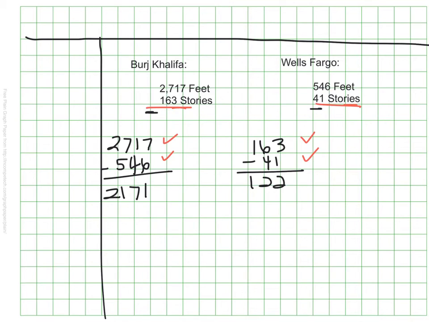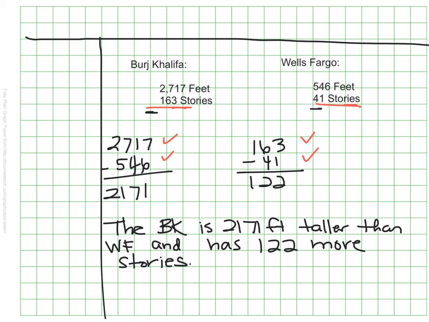And I was able to see that the Burj Khalifa is 2,171 feet taller than Portland's tallest building, and it has 122 more stories. By writing that comparison, I have used a difference, which is really just subtracting. I have used a difference to describe the two buildings and the relationship they have together.